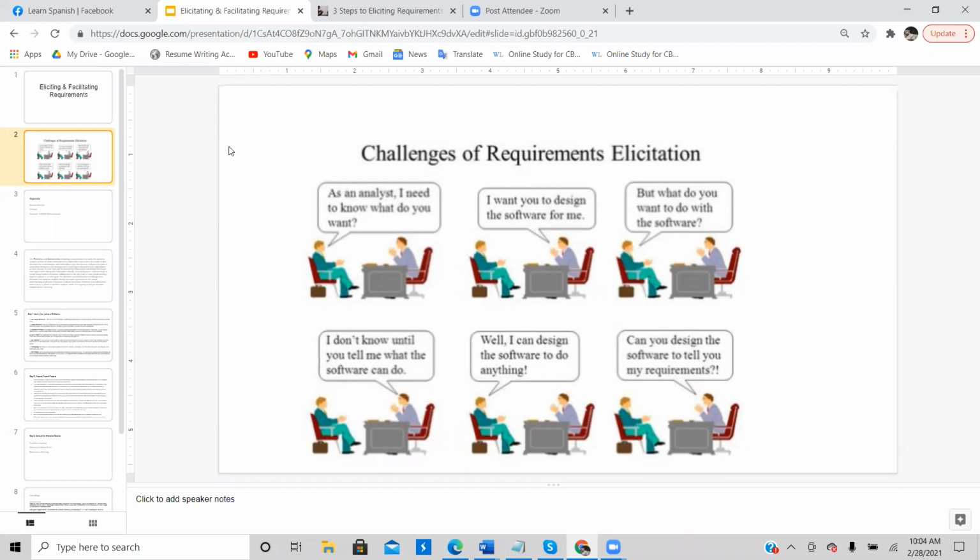The reason I'm bringing this up is because there's so much truth in this. Sometimes stakeholders really don't know what they want, and what they ask you as a business analyst is, how does the system work? So you're stuck between development and the stakeholder, and you're there to understand the requirements.